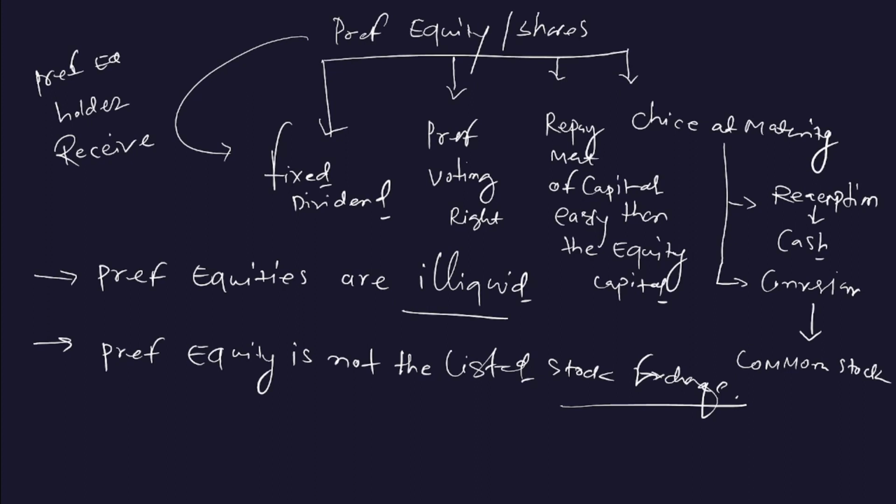And one of the key features which preference equity holders carry is choice at maturity in terms of redemption and conversion. See, all these valid points should be there in your answer.